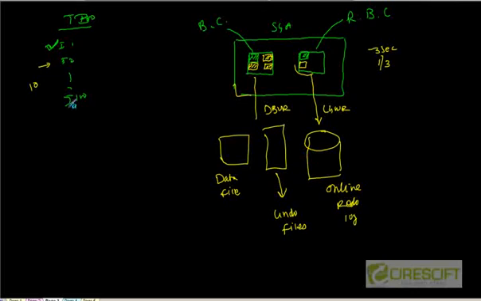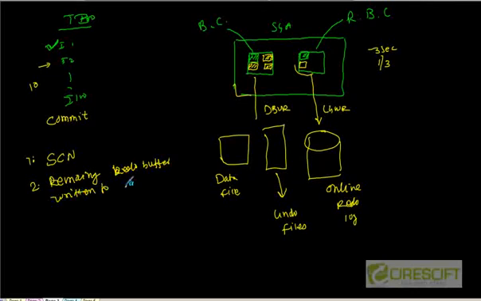Now, whenever we reach the 100th insert, after that we give the commit. So when we are doing the commit, the following things will happen. An SCN, that is the system change number, is generated for this transaction, and then log writer is going to write the remaining leftover buffers in the redo buffer cache to the online redo log file.